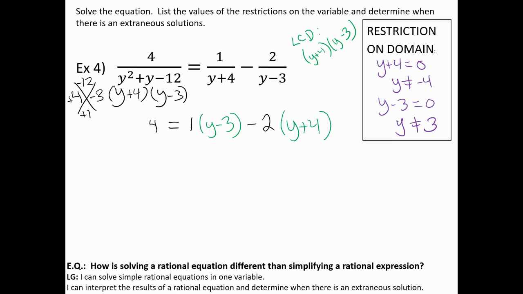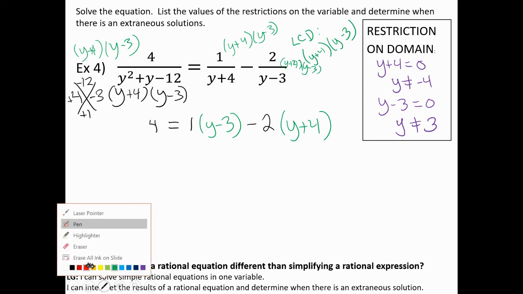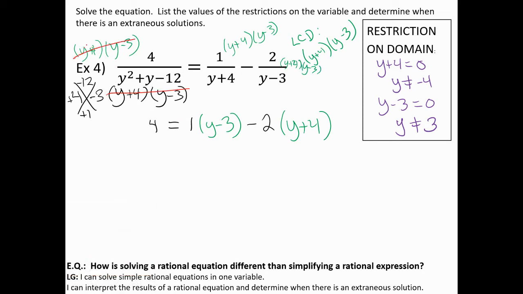So I did take this and multiply everything by the LCD. I just cut the step where you actually write it all out because to me, it just takes more time. Y plus 4, y minus 3, y plus 4, y minus 3, and where you cancel out. Oh, this whole thing cancels this whole thing.